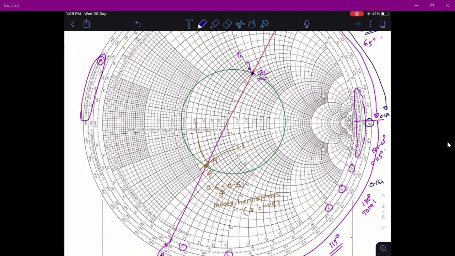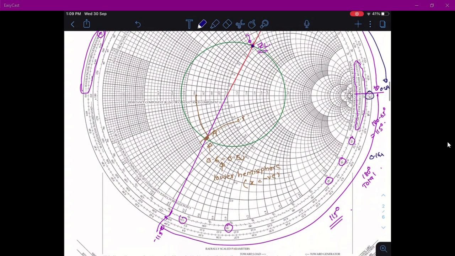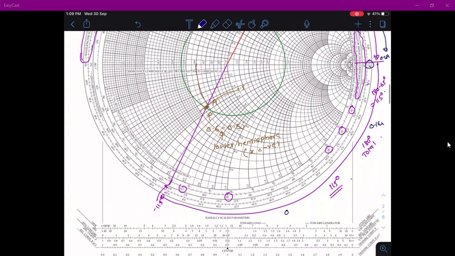So 0.25 plus 0.16 is equal to 0.41 lambda. So you look at these values and see where you are reaching 0.41 lambda, which is here. Okay, so this is the point A.